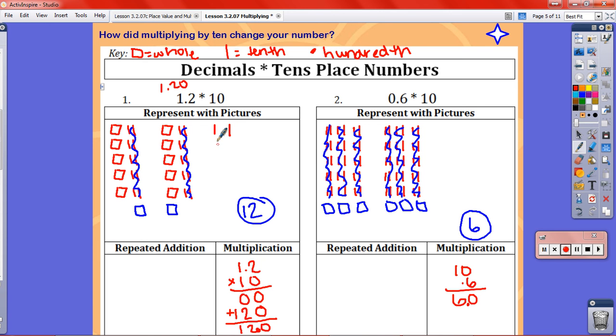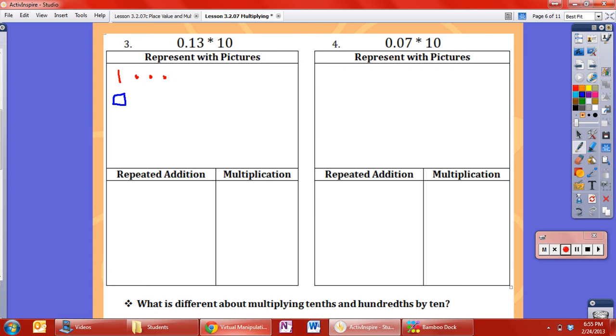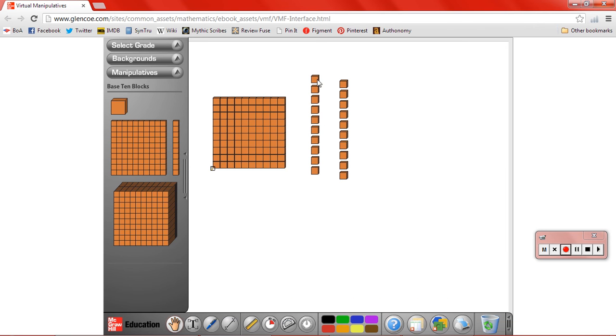So when I multiply this by 10, it's just going to turn into a whole. And when I multiply this by 10, it's just going to turn into a whole. So over here, when I multiply this tenth times 10, it should give me a whole. And hundredths are the same way, because if I have 1/100th and I multiply it by 10, I get 10 hundredths, which I can combine together. And that would make a tenth.